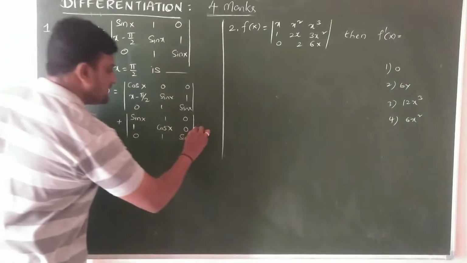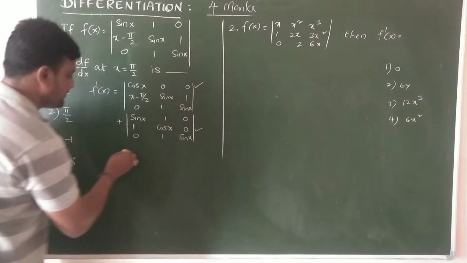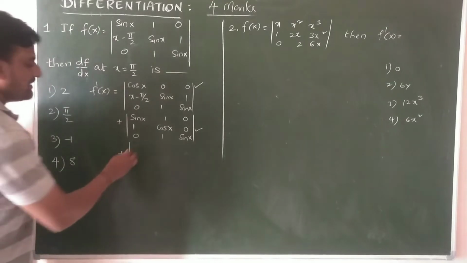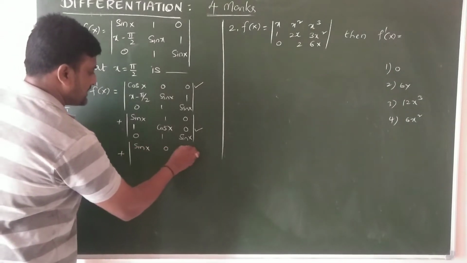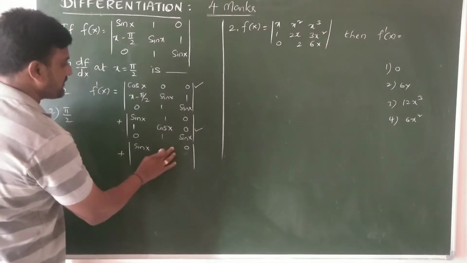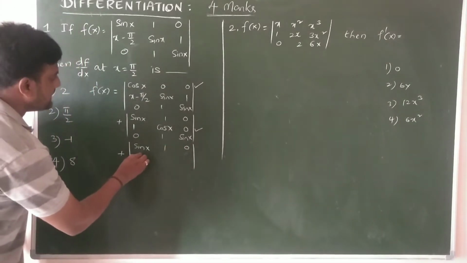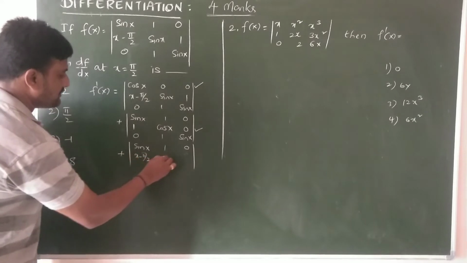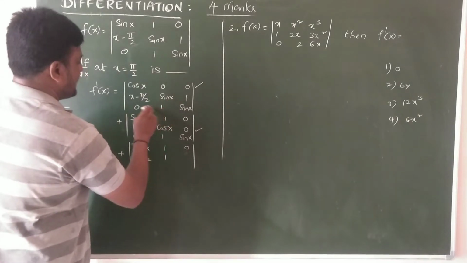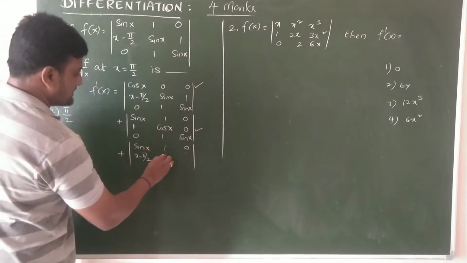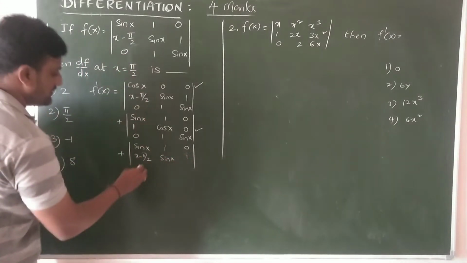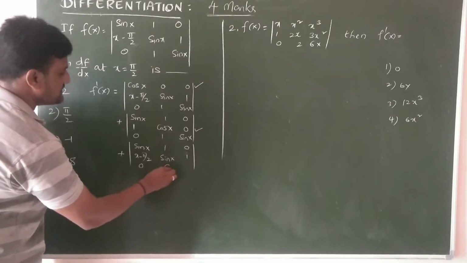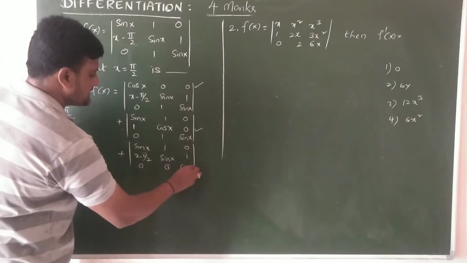Only the second row is differentiated here, only the first row in the previous term. Similarly in the third term, the first and second rows are as they are: x minus pi by 2, sin x, 1 as it is. Now the third row derivatives: 0, 0, cos x.